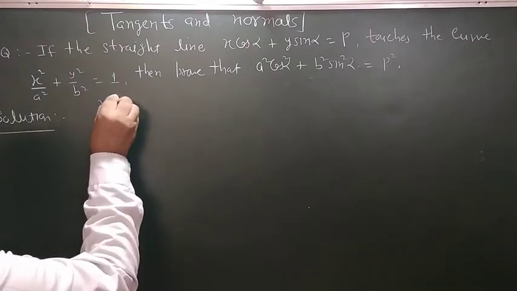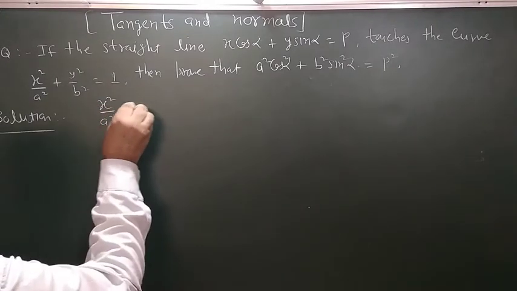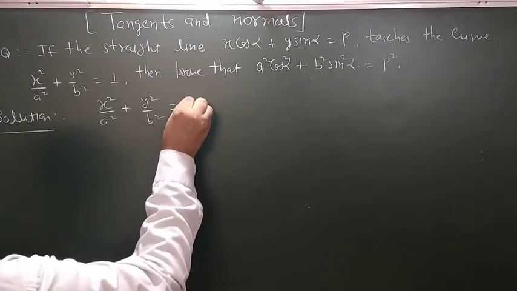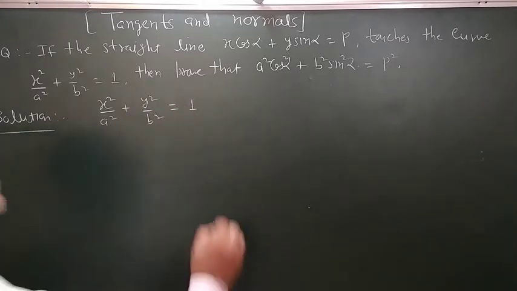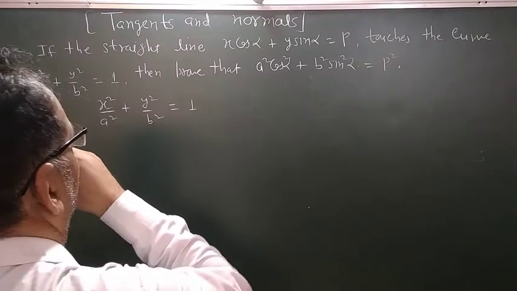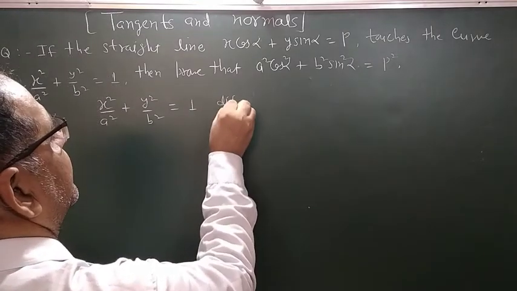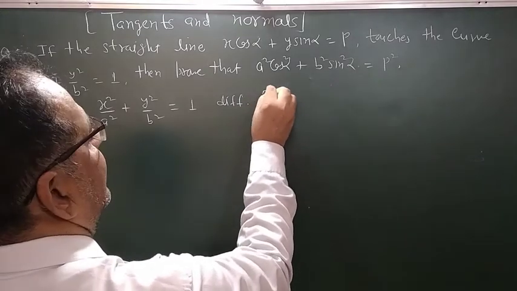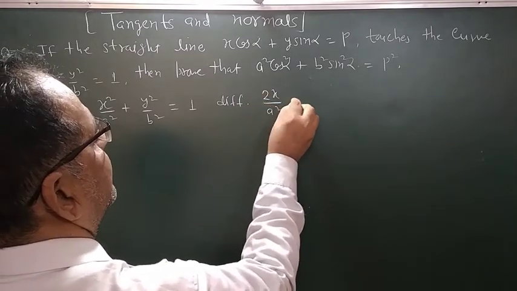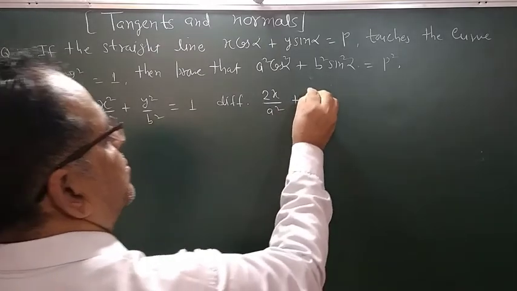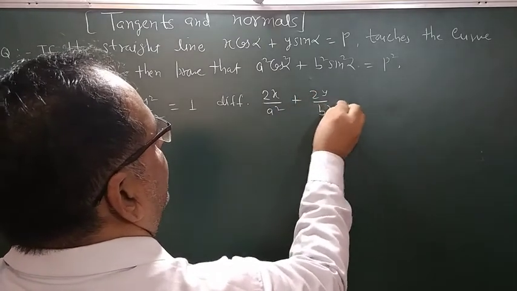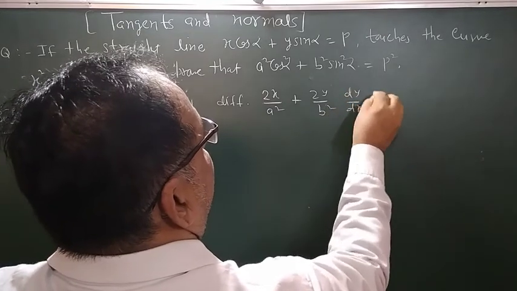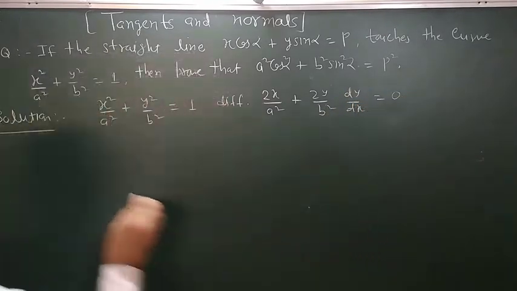x square upon a square plus y square upon b square equals 1. Differentiate: 2x upon a square plus 2y upon b square dy over dx equals 0.